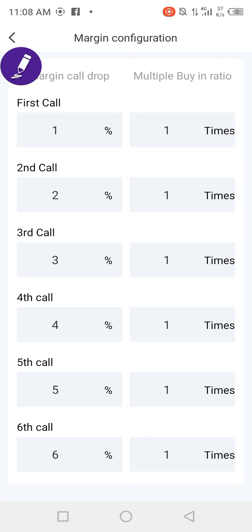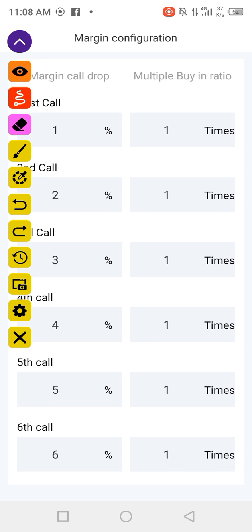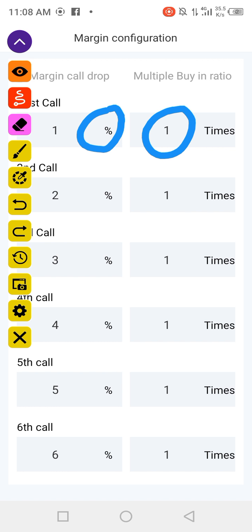So basically what this means is if this coin drops 1%, the system should call in for a purchase of 10 USDT. That is 1 times 10. If it drops again 2%, making a total of 3%, 2 plus 1. This coin has dropped 3% now.